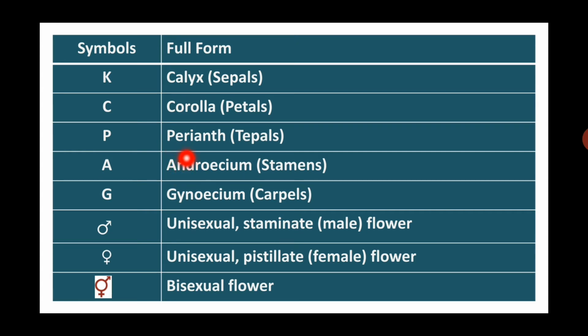So perianth means when the calyx and corolla are not differentiated, that floral part is called as perianth. A means androecium, that is stamens. G means gynoecium, that is carpels. Then this male symbol means unisexual staminate or male flowers. Then female symbol, unisexual pistillate or female flower, and both, that is bisexual flower.